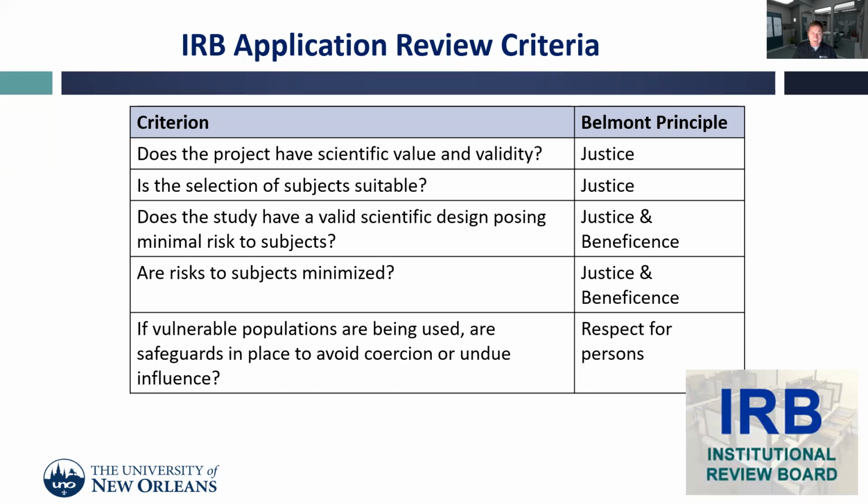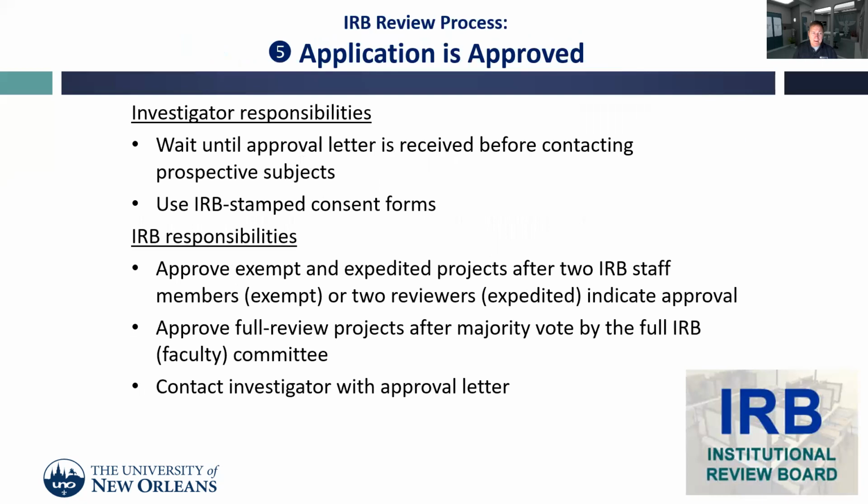And again, a part of it is to compare the criteria associated with the IRB with the Belmont principles and the Code of Federal Regulations, the CFR, associated with human research studies. And then if the application is approved, once you get that notice of approval, you can at least begin to start your process.